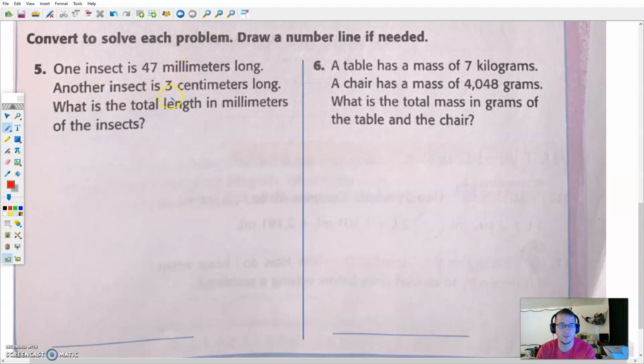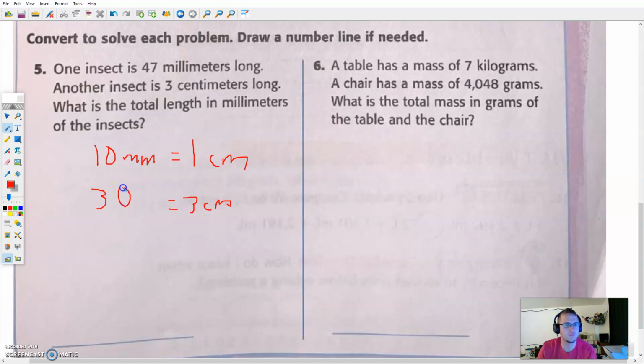But it tells you on there that 10 millimeters is equal to 1 centimeter. So 3 centimeters, if 1 is 10, 3 is 10, 20, 30. 3 is 30.